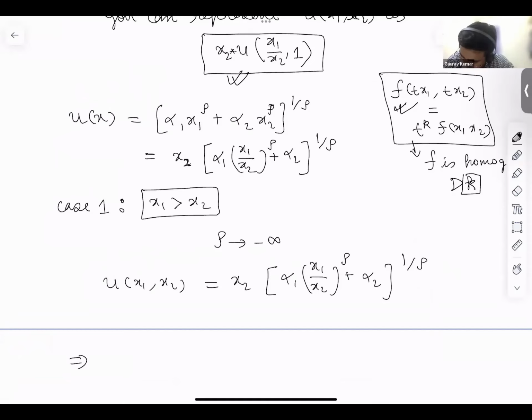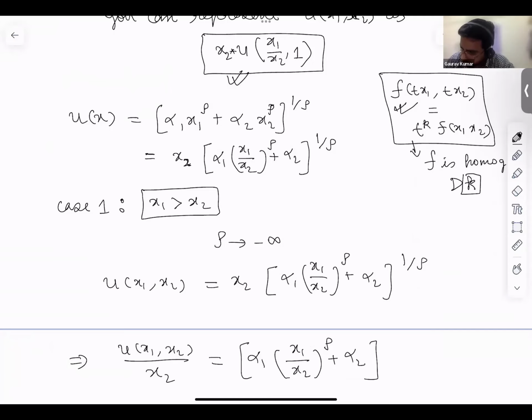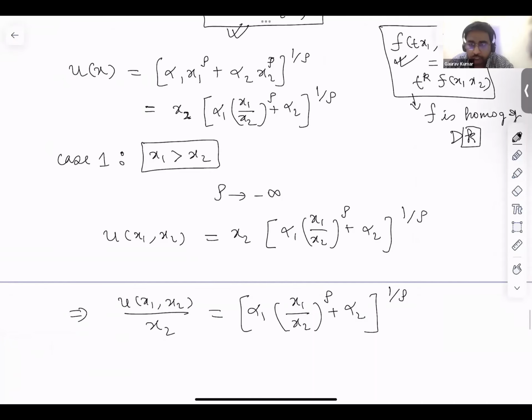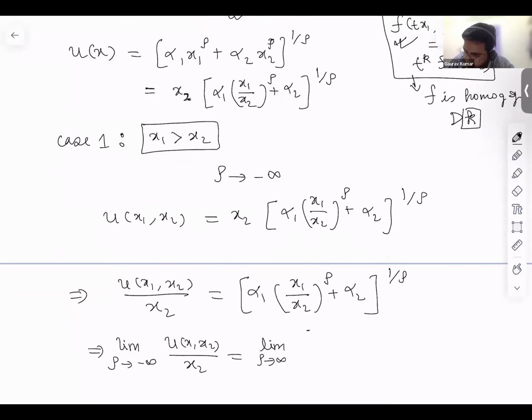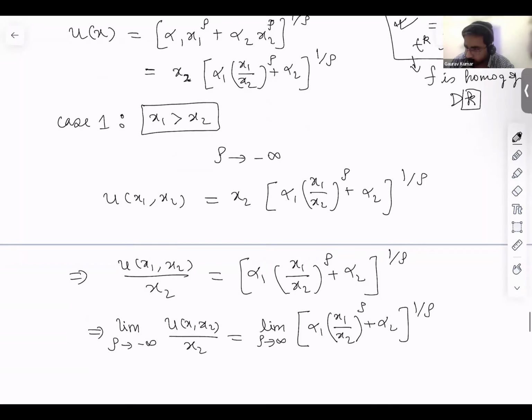And when you solve this ahead, it's u of x1 comma x2 by x2 is equal to [alpha 1 (x1 by x2) to the power rho plus alpha 2] to the power 1 by rho. And now since rho is going to minus infinity, we'll take the limits. We get this.